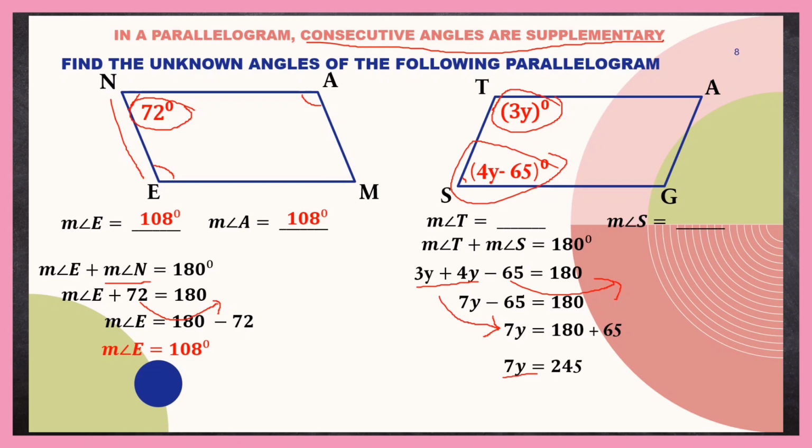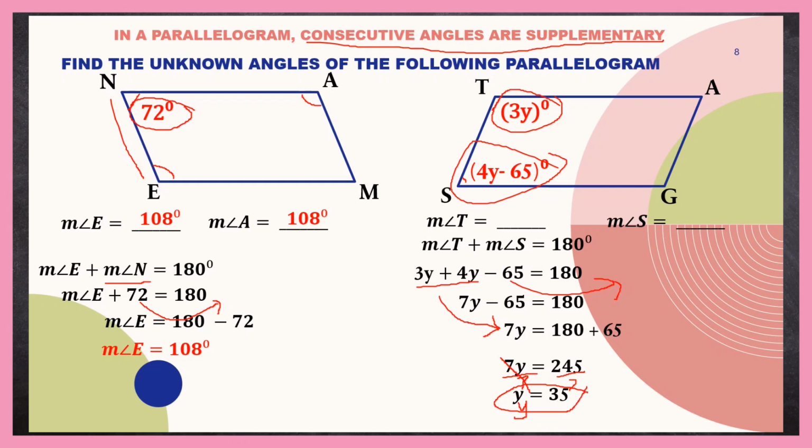Then divide both sides of the equation by the coefficient of y, which is 7. So you will cancel this one. Then we have the value of y is equal to 35. This is now the value of y, 35.